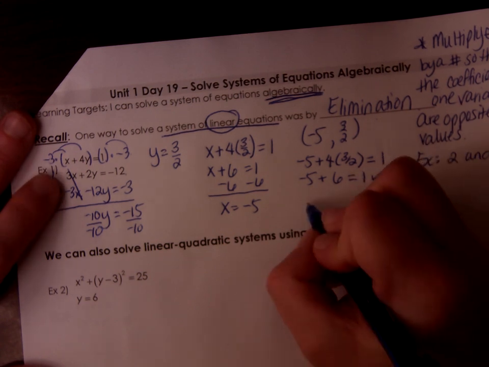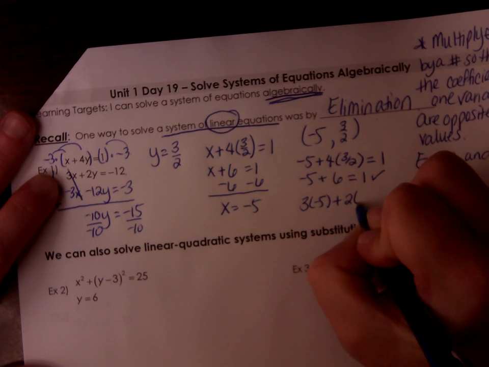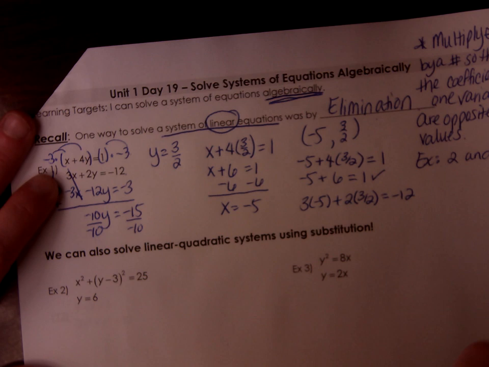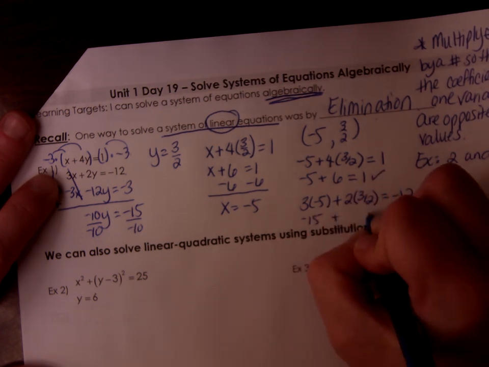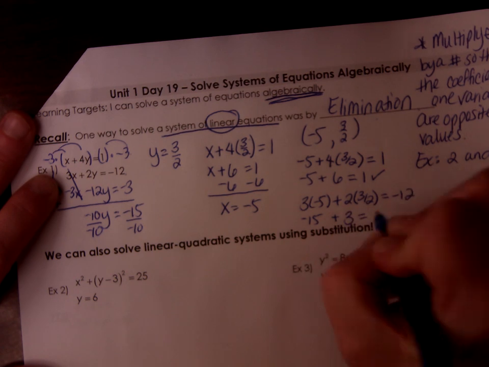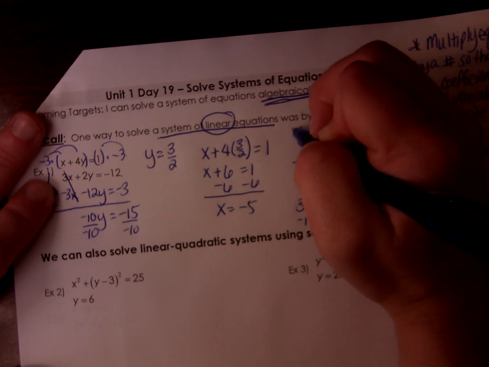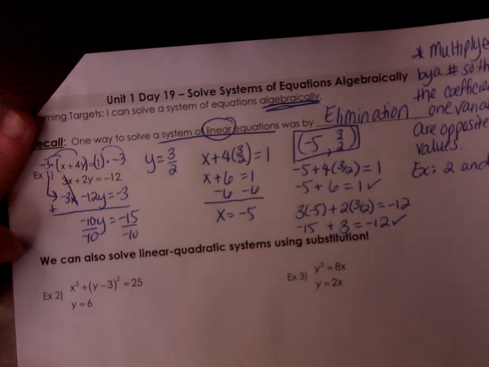Is 3 times negative 5 plus 2 times 3/2 equal to negative 12? So this is negative 15 plus, this is 6 divided by 2, which is 3. Is that equal to negative 12? It is. So therefore, we can conclude that (negative 5, 3/2) is indeed a solution.